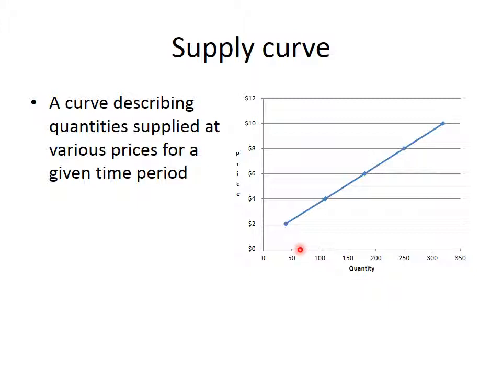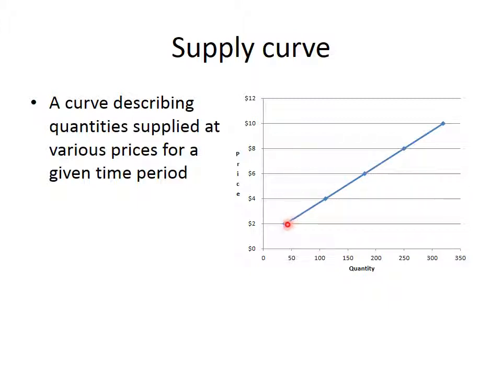And you see that this accurately models the supply schedule from the previous slide. At $2, they'll supply 40 units. At $4, they'll supply 115 units. It goes up by 75 units for every $2, and that's why we have this linear.